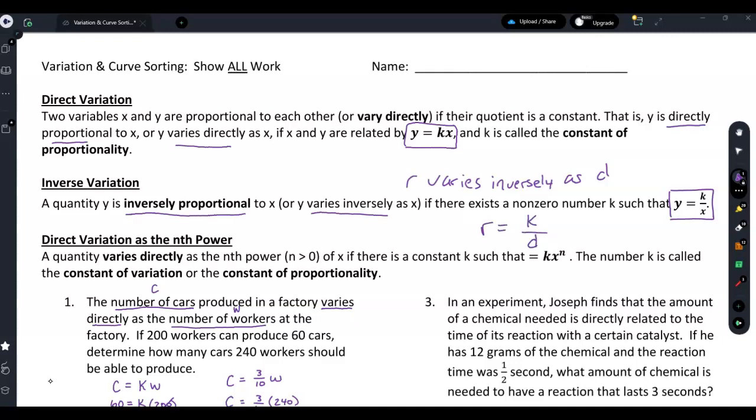So that varies inversely tells us what formula to use. The first thing went in the place of y, which was r. The second thing, d, went in the place of x. So let's look at an example that does this.